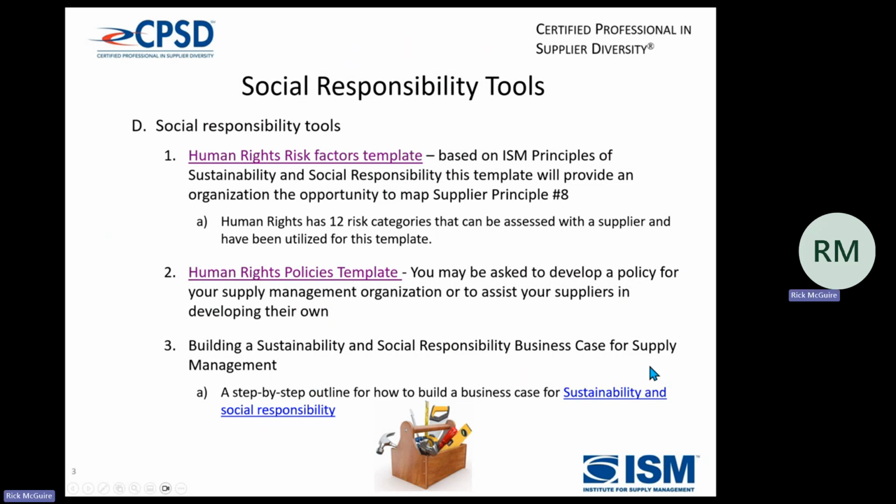Building a sustainability and social responsibility business case for supply management. So here's a step-by-step outline on how to build a case for sustainability and social responsibility, also from ISM.